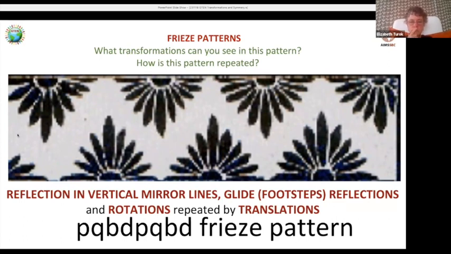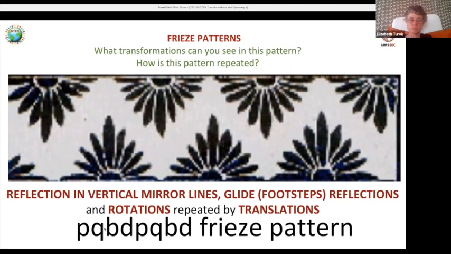There's also an axis of reflection through the middle all the way along, and you've got footsteps, a glide reflection, in there. And if you take a point in the middle here and rotate the whole strip through 180 degrees, it will map back onto itself. We have to take 4 letters to do that.